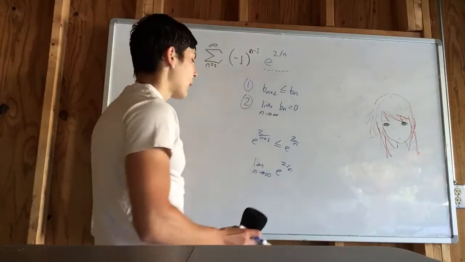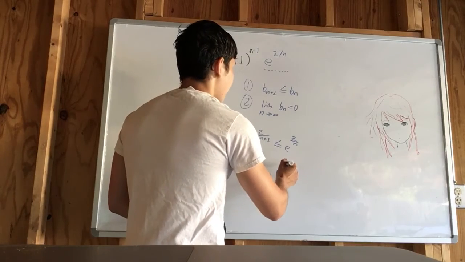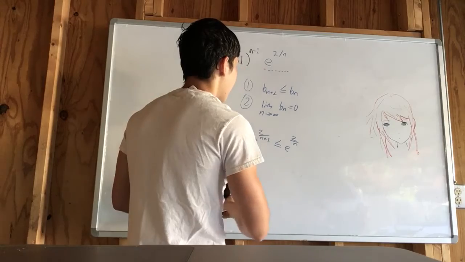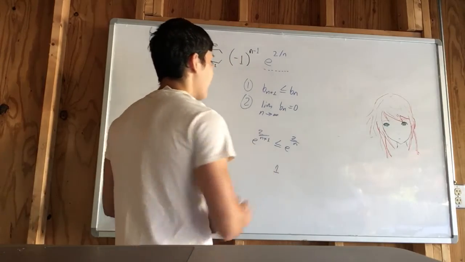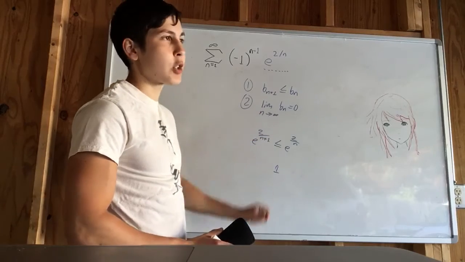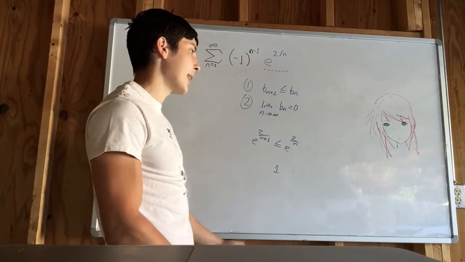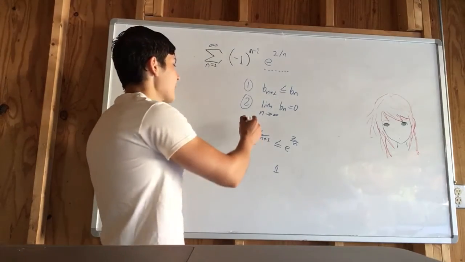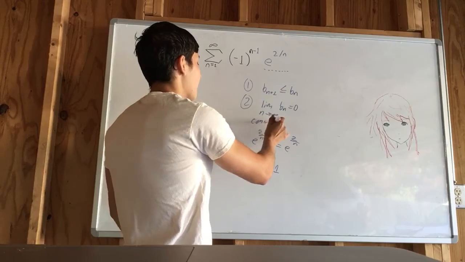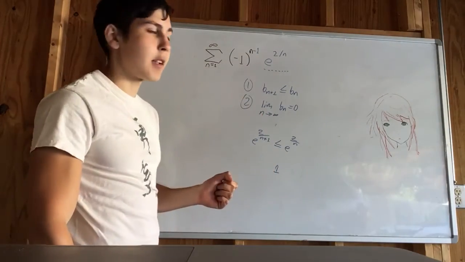That would give us our exponent going to 0, which would give us 1, and 1 is not 0. So that means that our test would be inconclusive, because we didn't pass the test. If we pass both tests, we would say it converges. But since we didn't pass both tests, it's inconclusive.